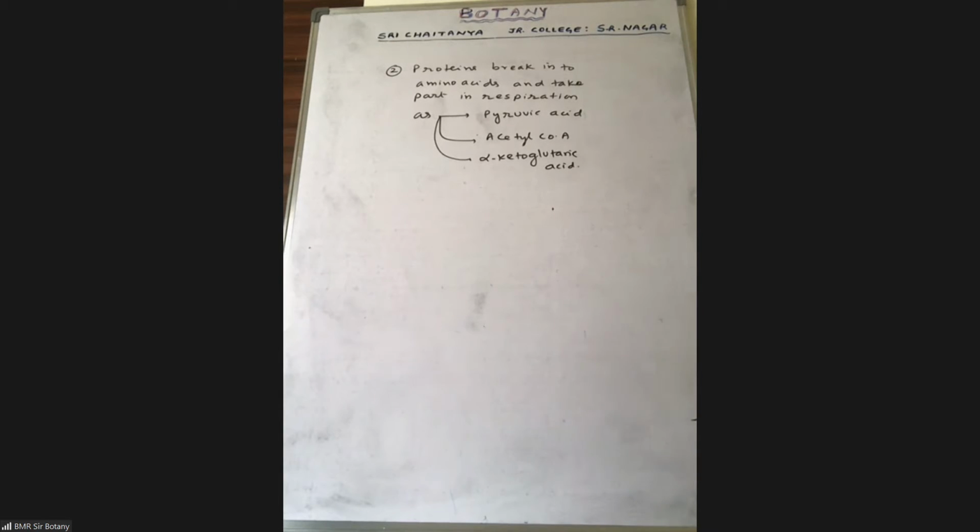Same way, pyruvic acid can be withdrawn to form proteins. Acetyl-CoA can be withdrawn to form proteins. Ketoglutaric acid can be withdrawn to form proteins. So both ways it is catabolism, anabolism. You are going to see.